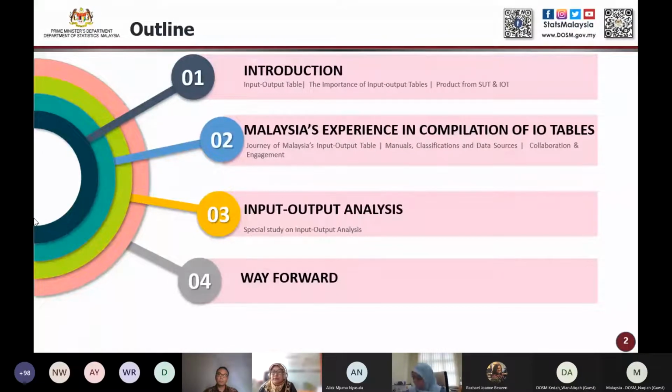My presentation will focus on the input-output table, the importance of the input-output table, products from SUTs and IOT, and Malaysia's experience in compiling IO tables. And then I will share a special study on input-output analysis and the way forward.